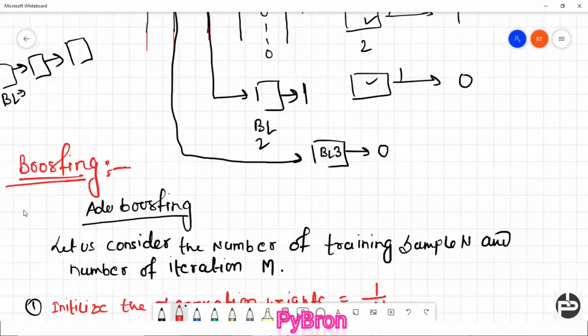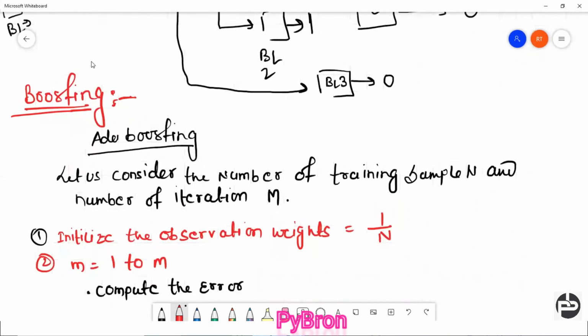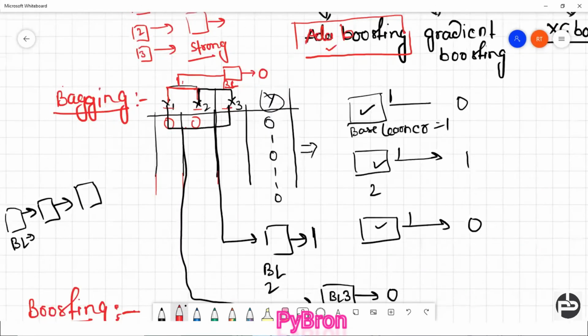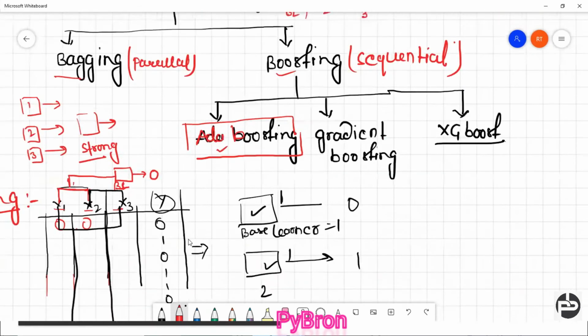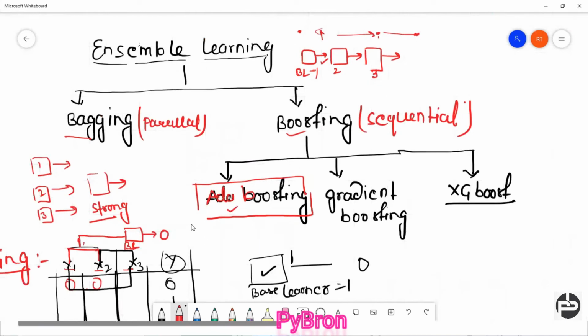If you go to my first video, we had seen that boosting is also known as a sequential algorithm, and boosting is categorized into three subcategories. One is known as ADA boosting, another is gradient boosting, and the third is XG boosting. We will see all those things step by step in depth, but today I'll show you how ADA boosting is going to work.